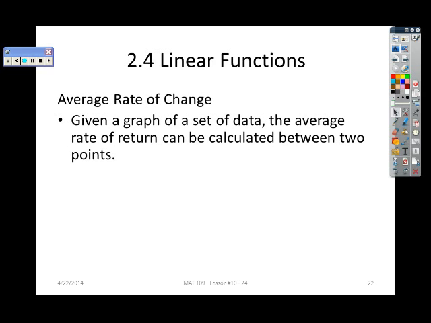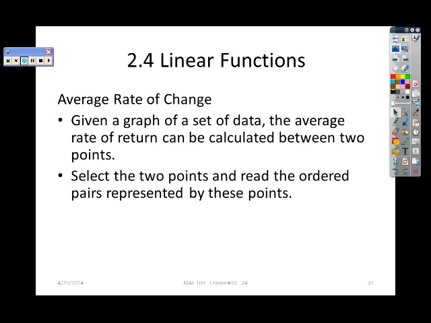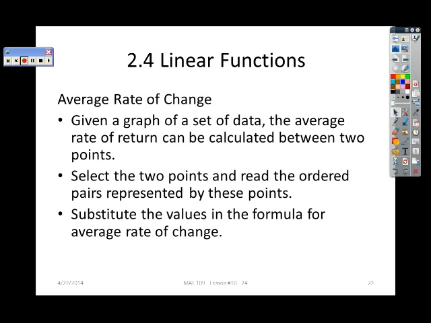If you have a graph of a set of data, you can calculate an average rate of change between any 2 points on the graph by using this same idea. Select the points, determine what the values of the ordered pairs are, and calculate the slope.